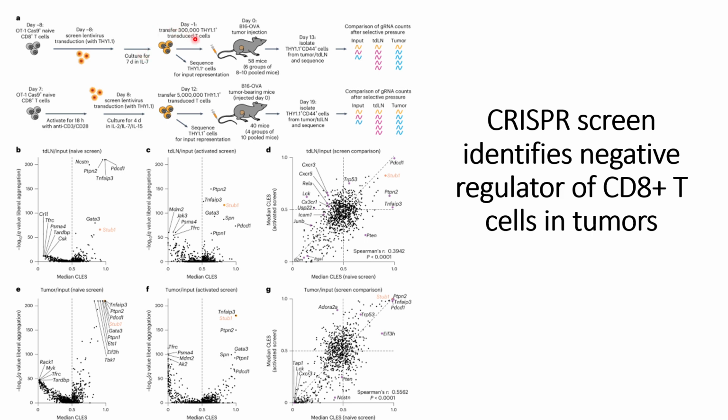Thereafter they transferred these cells into mice, and after 13 days they isolated cells from 2 different places, the tumor and the tumor-draining lymph node, that is TDLN. Then they compared the guide RNA counts after these selective pressures, that is, what the input was and which guide RNAs they were able to find in the TDLN and the tumor.